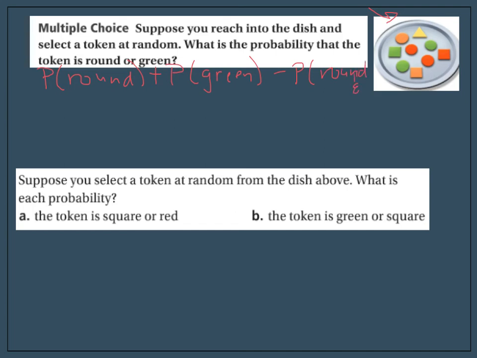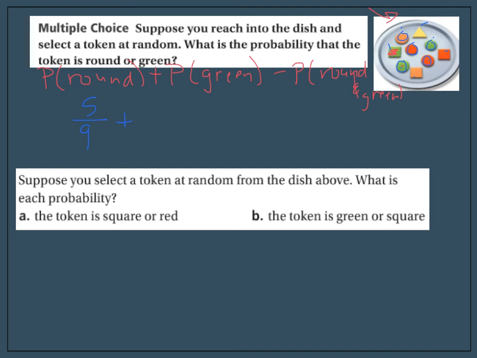So if I look at my dish here, the probability that we have round is 1, 2, 3, 4, 5. So I have 5 round, and there's a total of 1, 2, 3, 4, 5, 6, 7, 8, 9 different tokens. I'm going to add that to the probability that we have green.